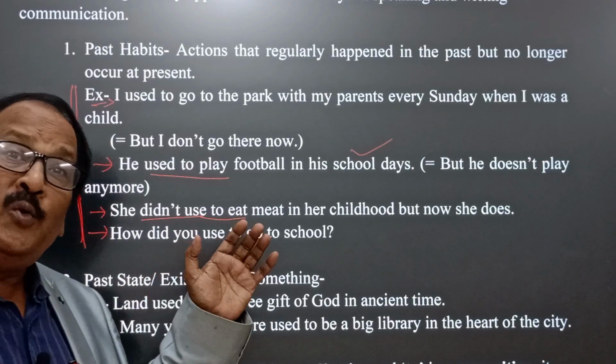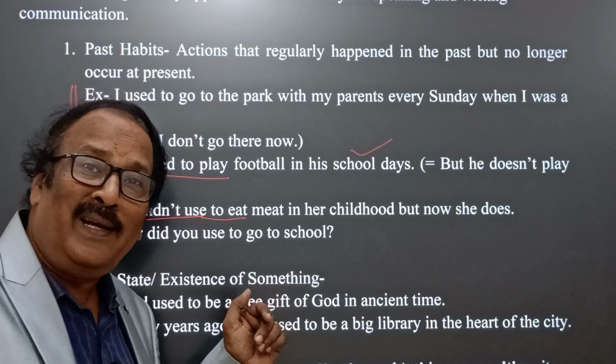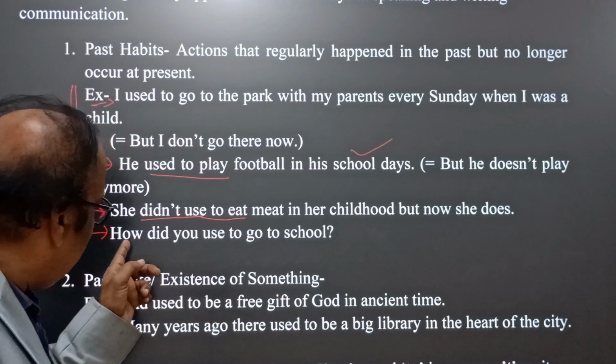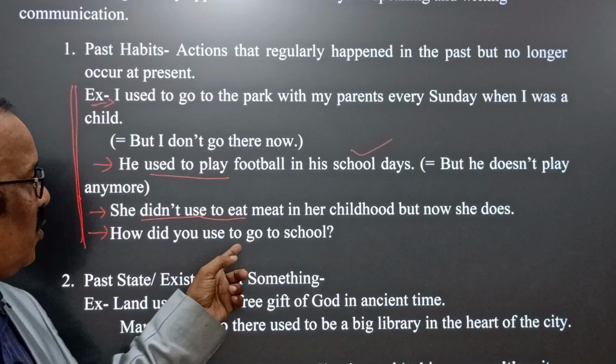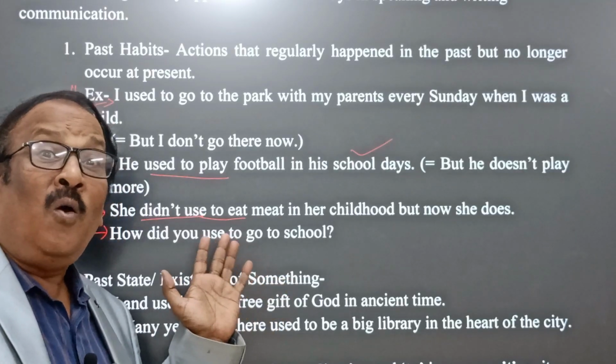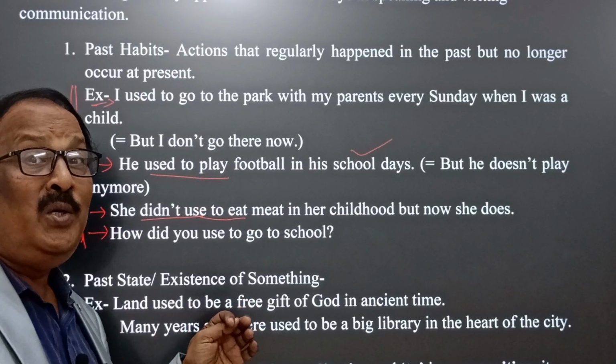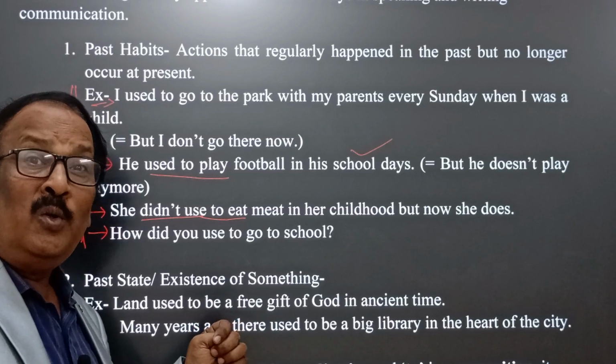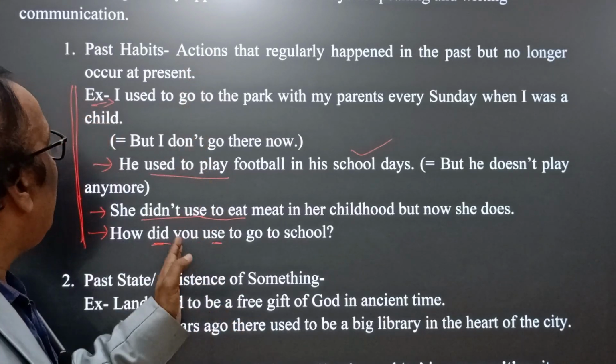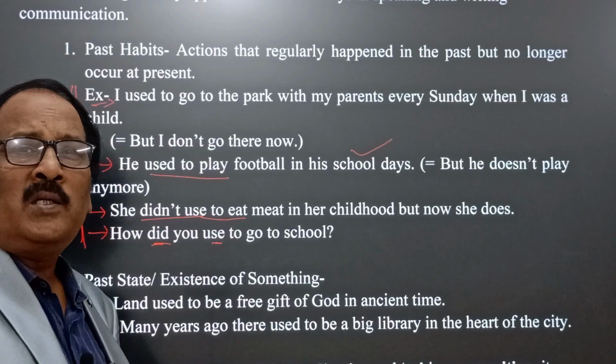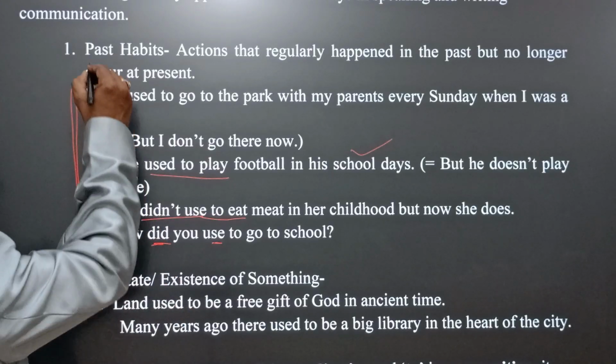If we use "used to" in a question sentence, then how? Listen here: how did you use to go to school? It means how and in which manner you used to go to school. So this is the idea about the first point in connection with the past habit.